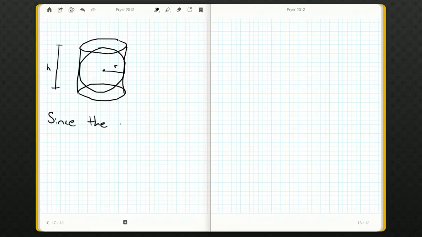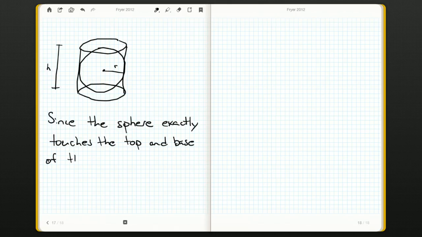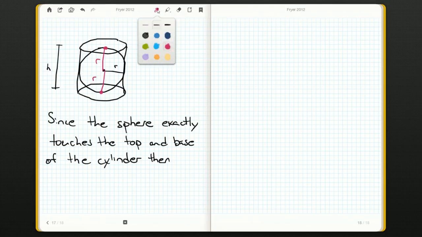Well, since the sphere exactly touches the top and base of the cylinder, then we can see the height is going to be exactly 2 radiuses. They're going to form a diameter of the sphere.